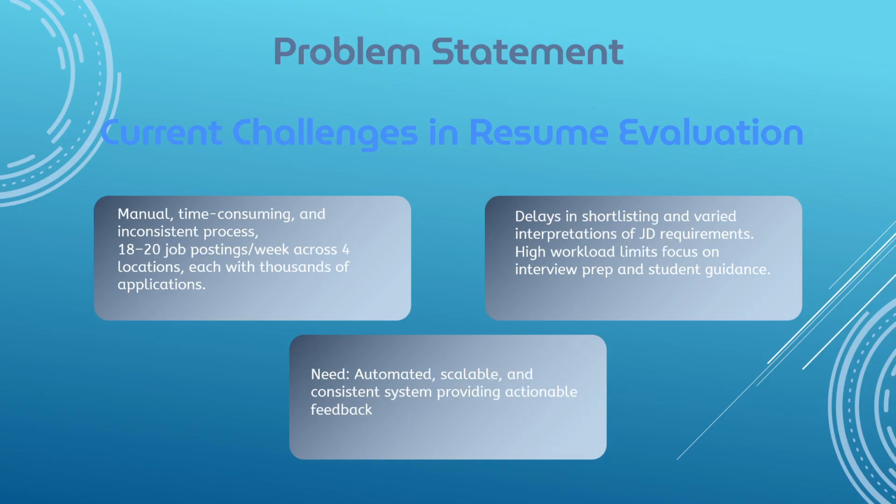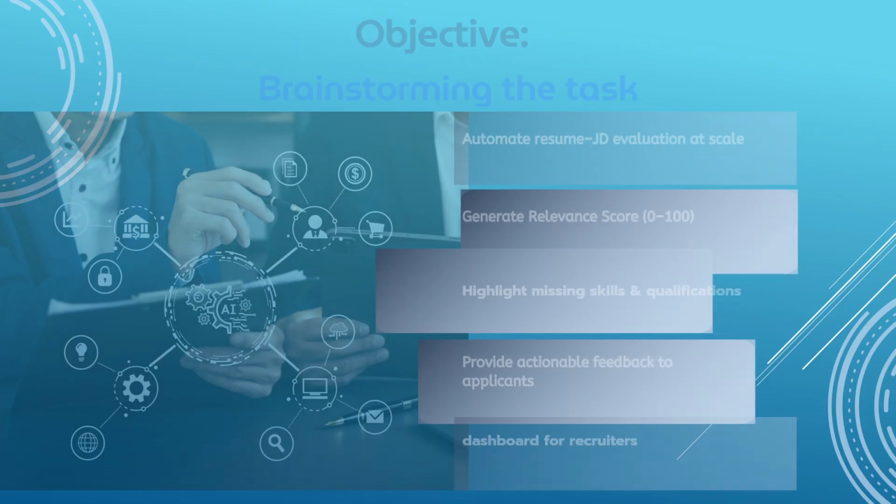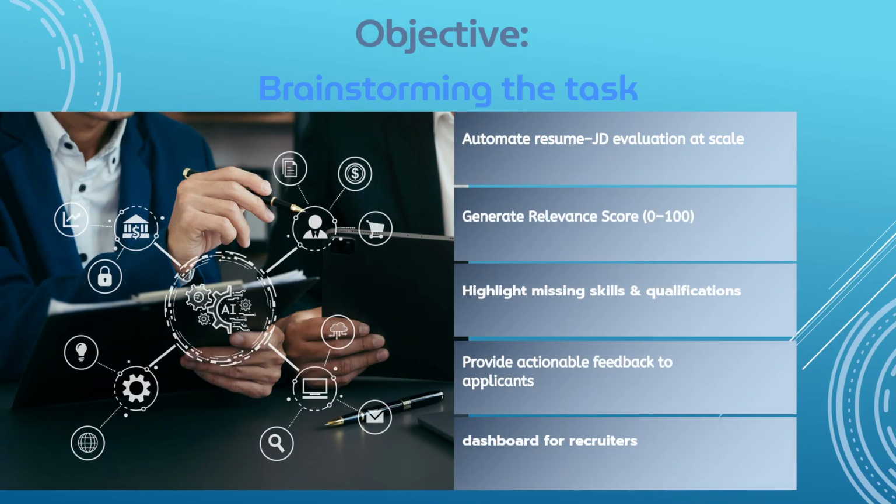So now let's go further. What's the objective today? We are going to automate a software for resume checking and resume evaluation. We are going to generate a relevance score.